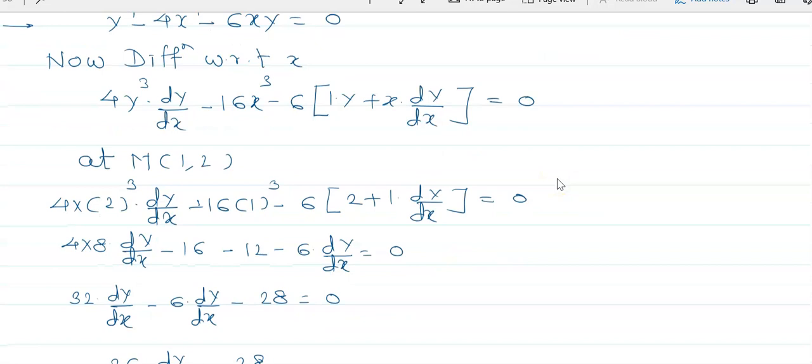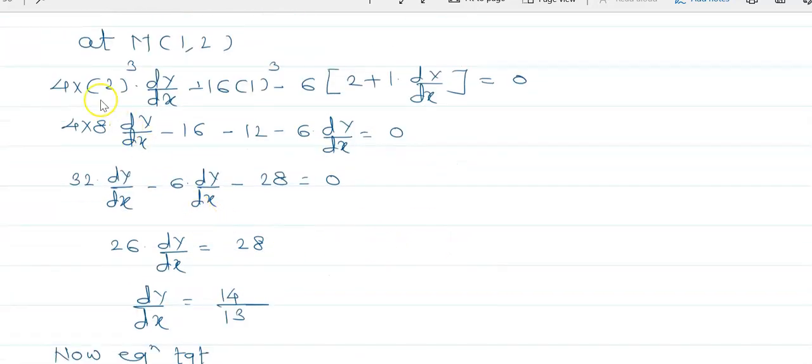Now at the point (1, 2) we will find its value. Put x equal to 1 and y equal to 2. If we substitute, then we get 4 into 2 raised to 3 into dy by dx minus 16 into 1 cube minus 6 in bracket 2 plus 1 into dy by dx is equal to 0.